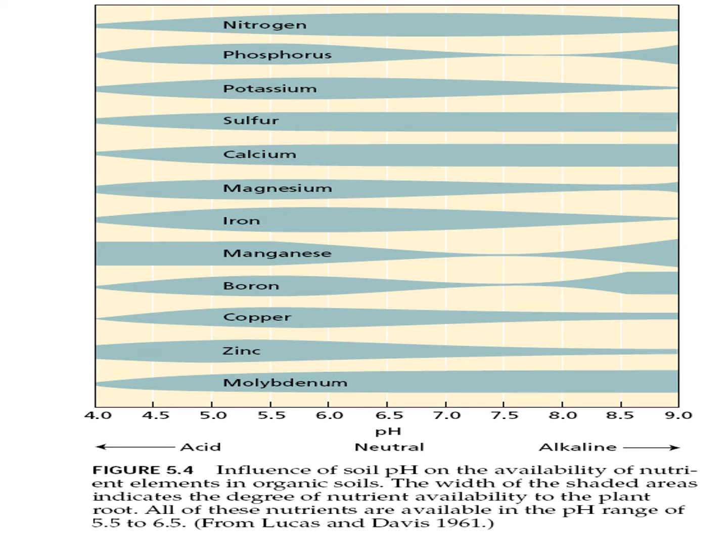Unlike at a higher pH, for example 7.5, where some nutrients or some elements are available, like molybdenum, for example, calcium, sulfur, while others are extremely deficient, like boron, manganese, and phosphorus.